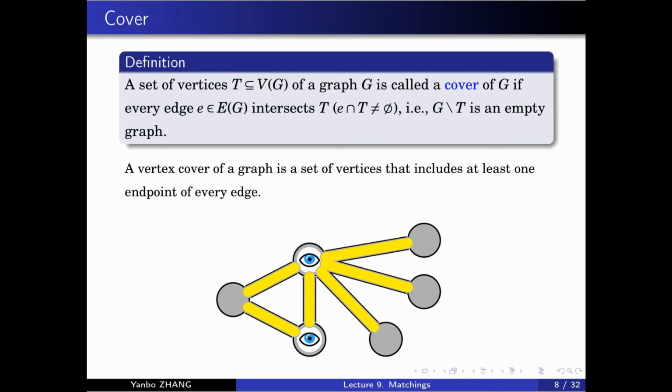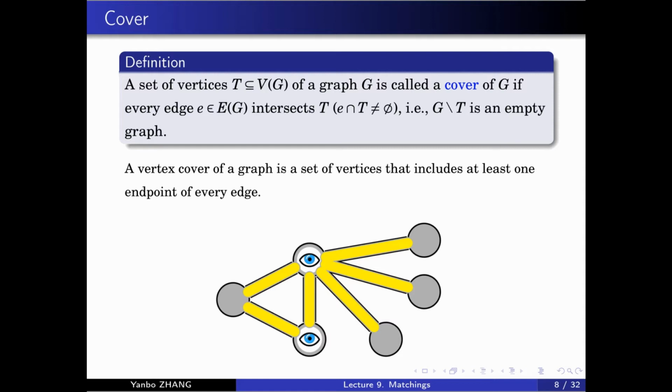Every edge e belonging to E(G) intersects T. That is, if you delete T from G, then G minus T has no edges. It is an empty graph.